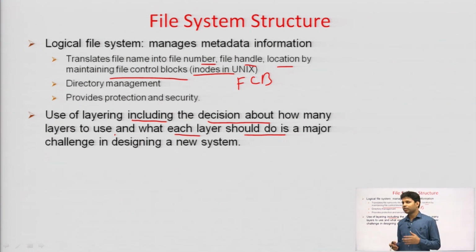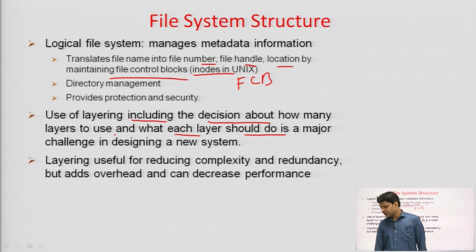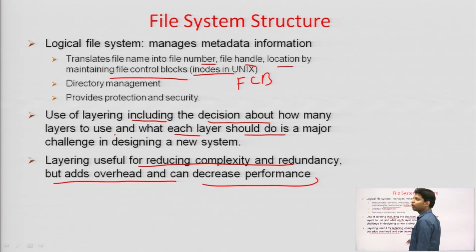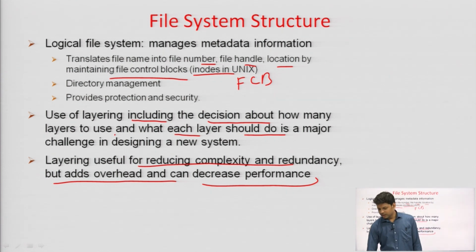So this can be an overhead, this can be a challenge. Layering is useful for reducing complexity and redundancy, but adds overhead and can decrease performance, because you are dividing all the modules into layers.